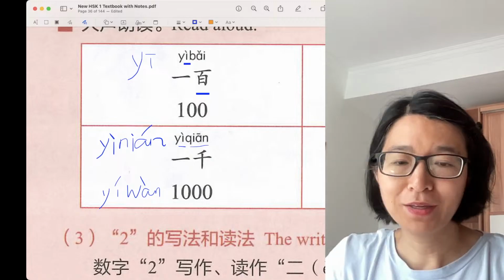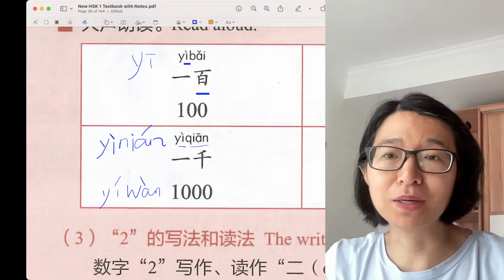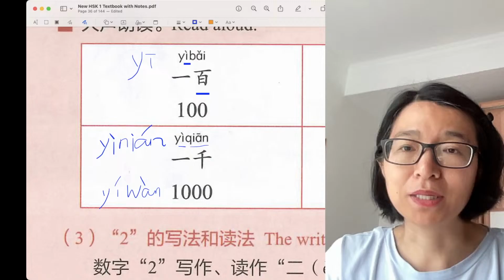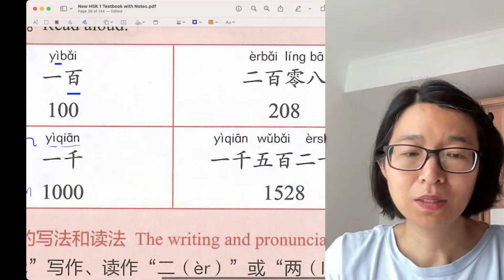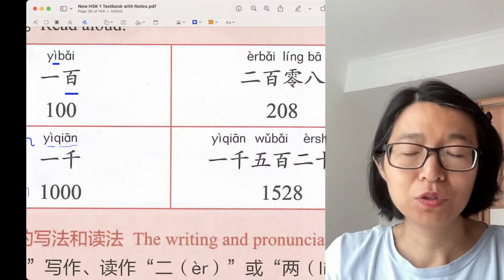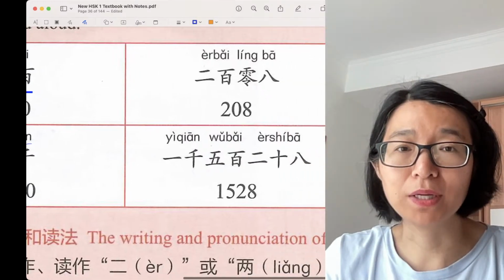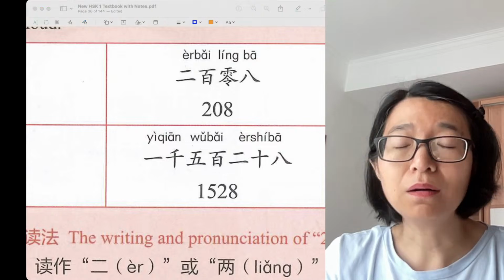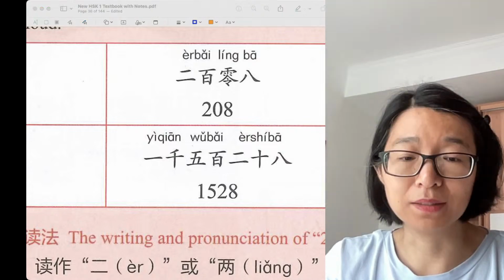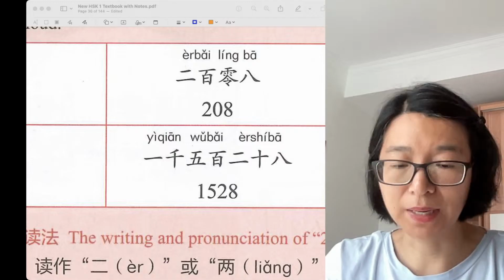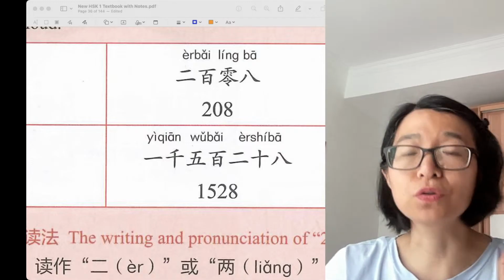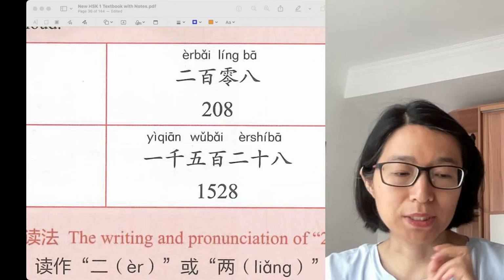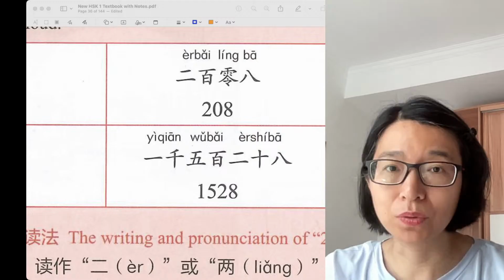Okay, now let's continue to say some other numbers. How to say 208? 208, how do you say it? Okay, you can say 二百零八. So first say 200, which is 二百.